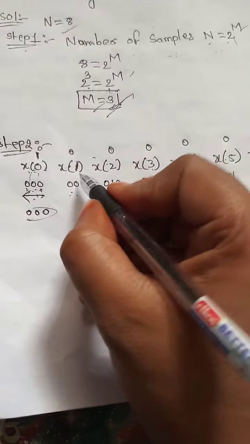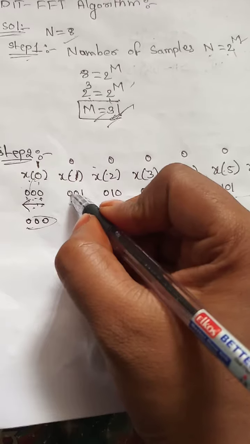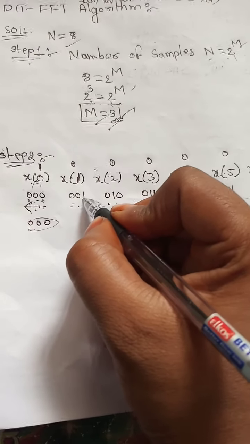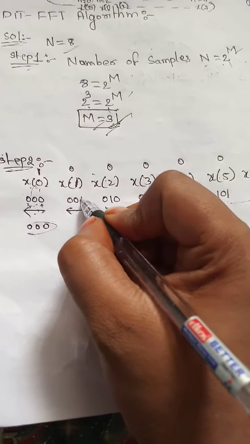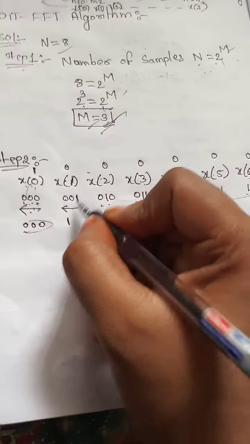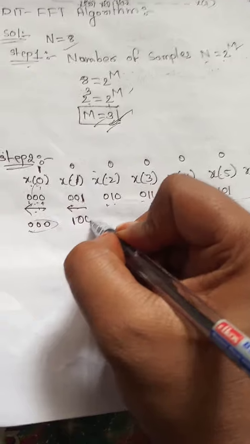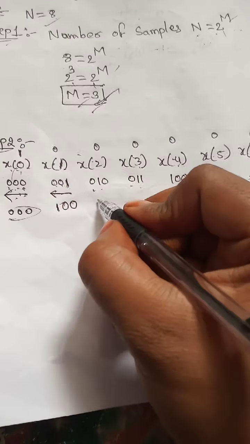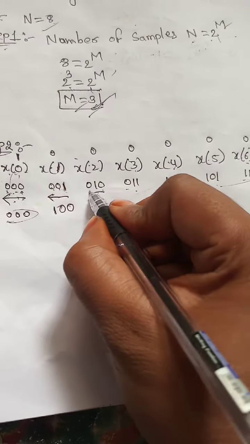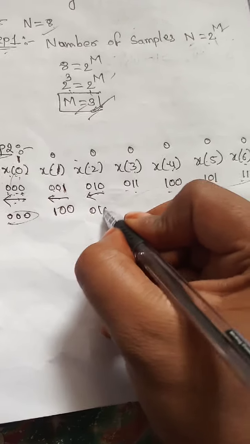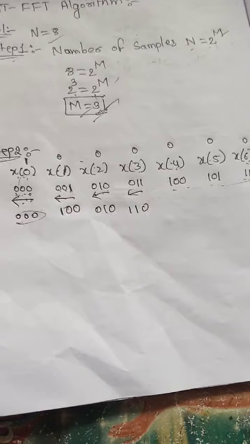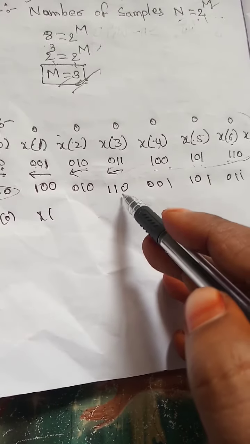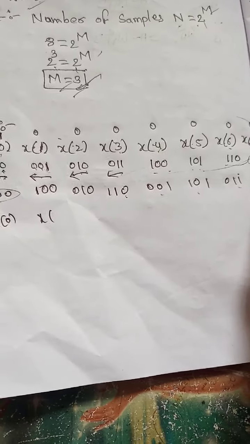Next, 1 can be written as 001, and if we write it reversed, we get 100. Likewise for 2, reversed it is 010, and for 3 it is 110. Likewise write for 3, 4, 5, 6, 7.